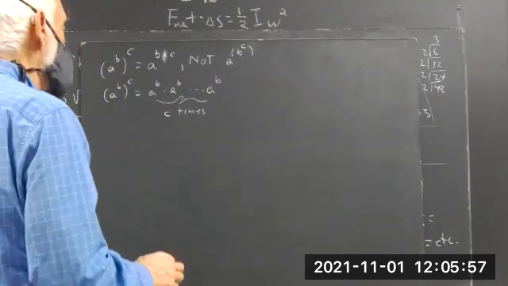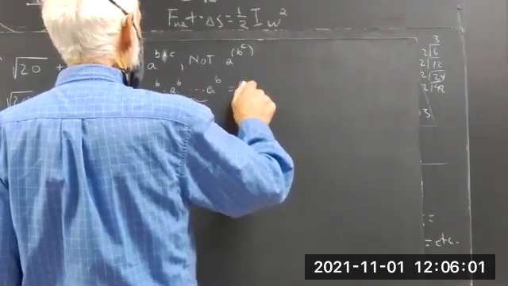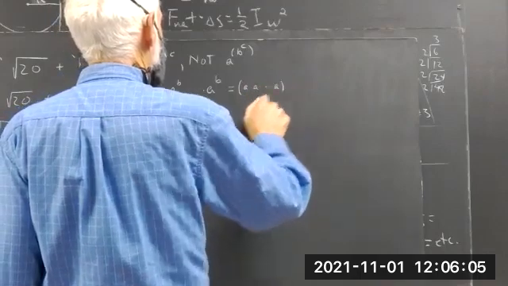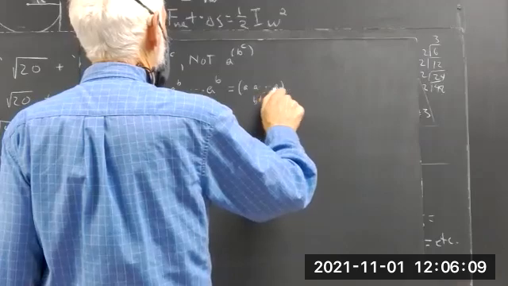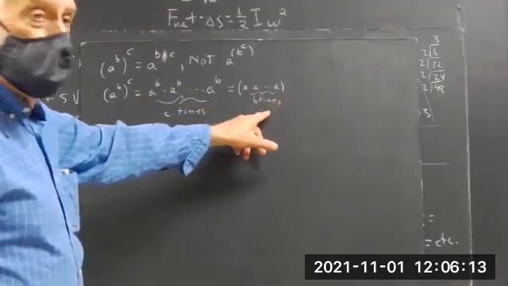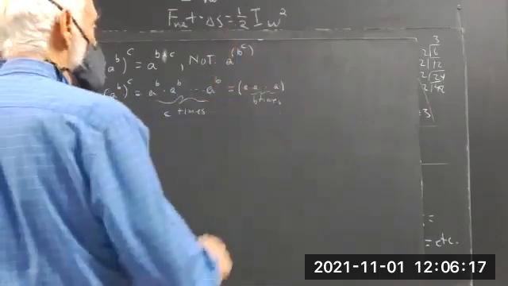Okay, so how many of them you got? Well, this a to the b, you got b a's. You get a written b times.